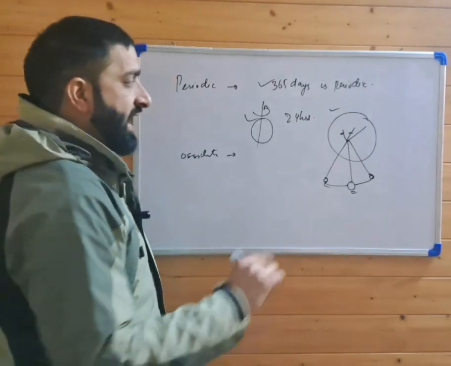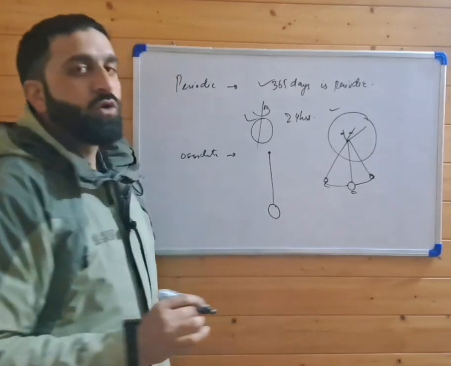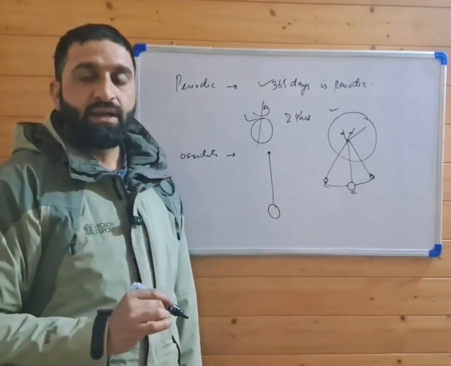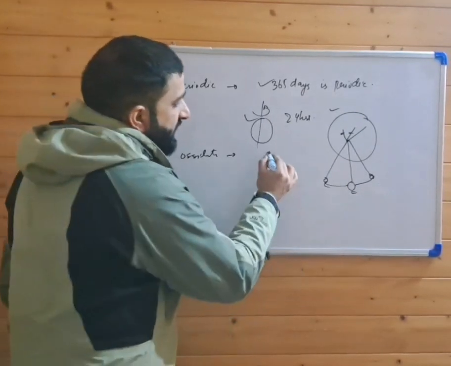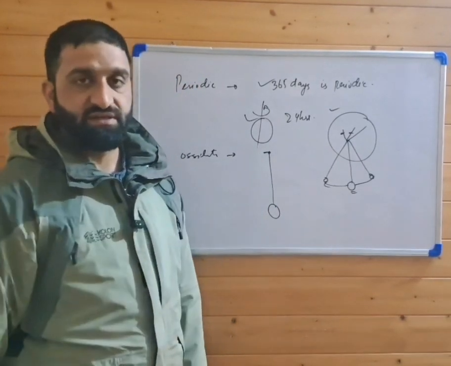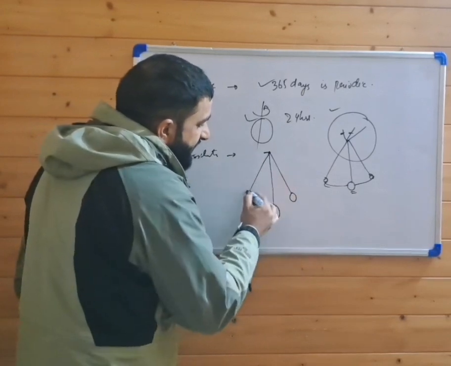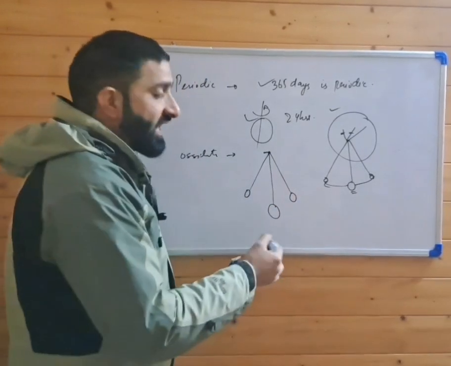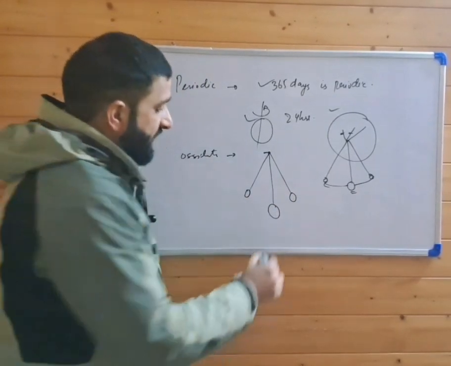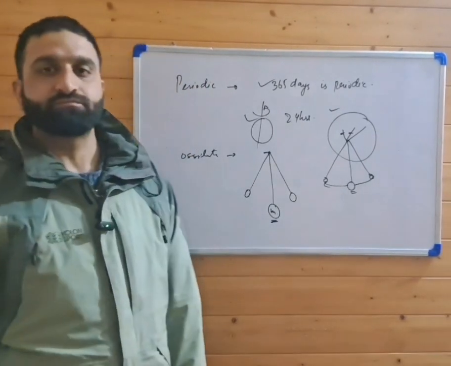If we take example of a simple pendulum in which we have got a bob fixed about this end by a thin, inextensible, massless string, the motion of the bob about its mean position is periodic as well as oscillatory because it moves to and fro about this mean position.